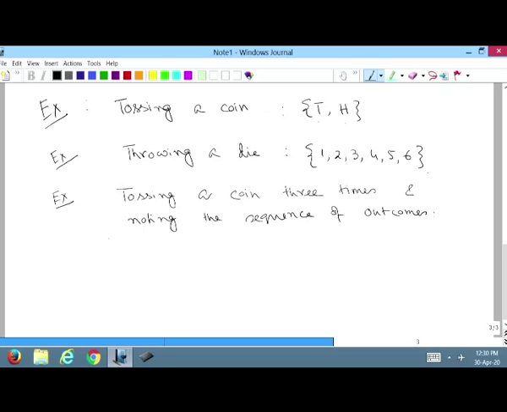So, the set of possible outcomes is: head, head, head; head, head, tail; head, tail, head; head, tail, tail; tail, head, head; tail, head, tail; tail, tail, head; and tail, tail, tail.